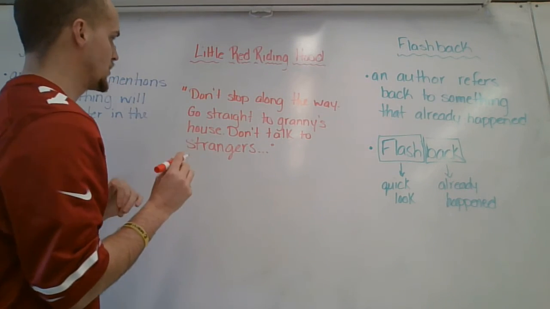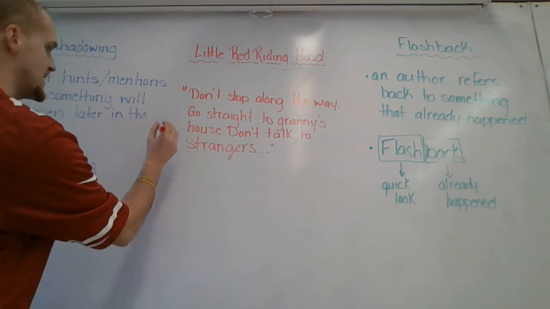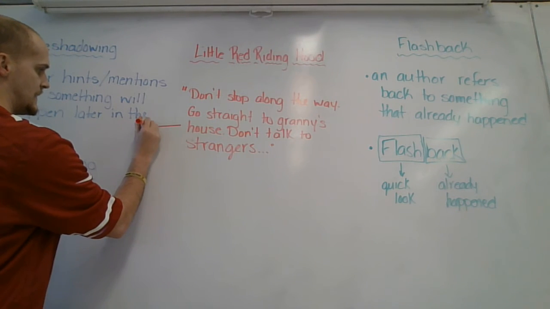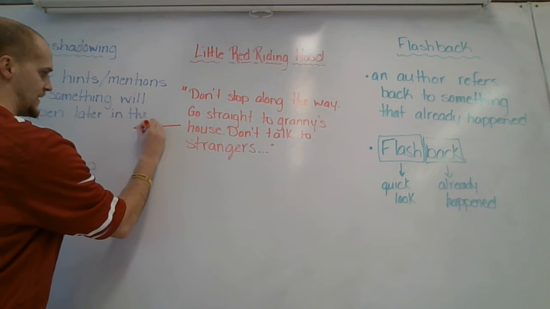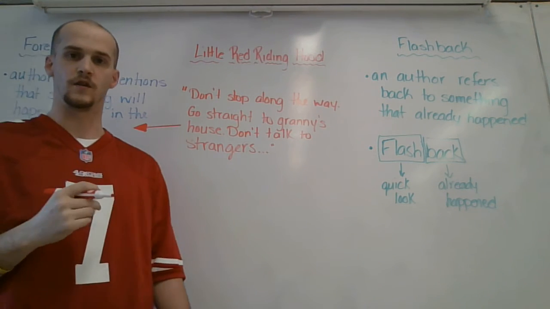So don't stop along the way, go straight to Grandma's house, don't talk to strangers. That is foreshadowing something that is to come later on in the text or in the story.